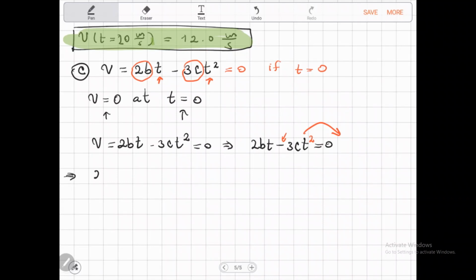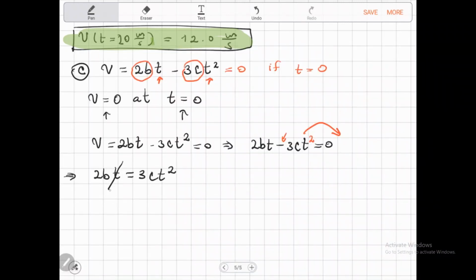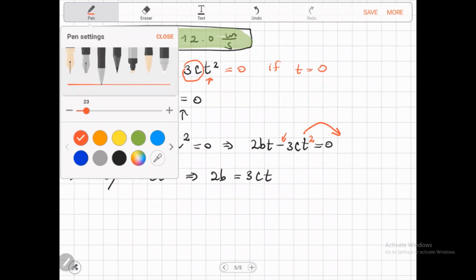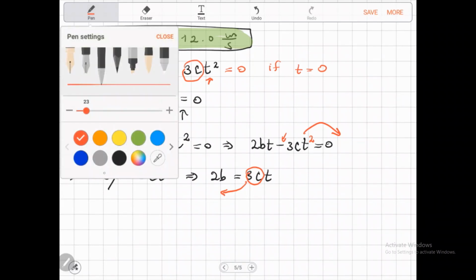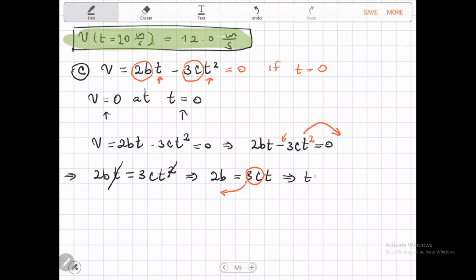Then we have 2bt is equal to 3ct squared, but this t is going to be eliminated with this t as well, and we will have 2b is equal to 3ct, and this term that is multiplying on this side is going to be dividing on the other side of the equation. So what we have here is t equal to 2b divided by 3c, and that's the time when the car is at rest again.